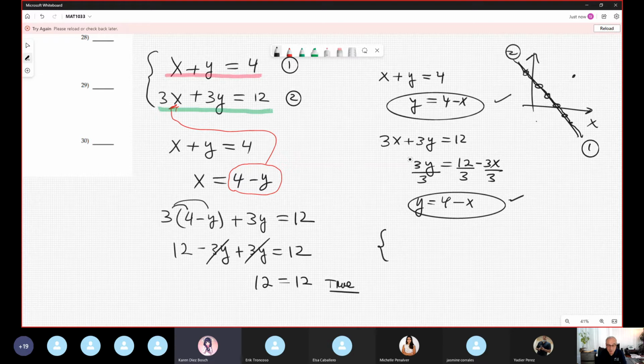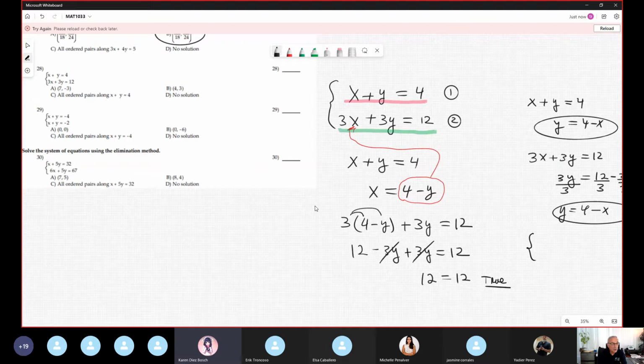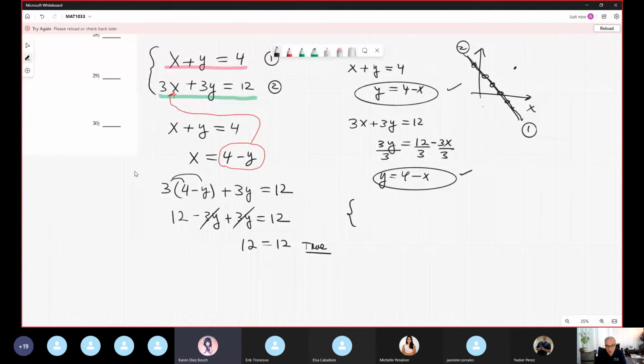You open the curly bracket and you put all real numbers, or much better, all ordered pairs (x, y) such that every ordered pair satisfies this equation and this equation, and you copy the equation 1 or the equation 2 or this equation in which you isolate the y.